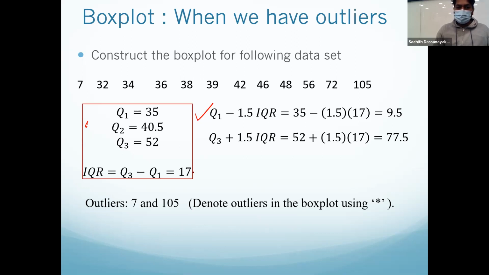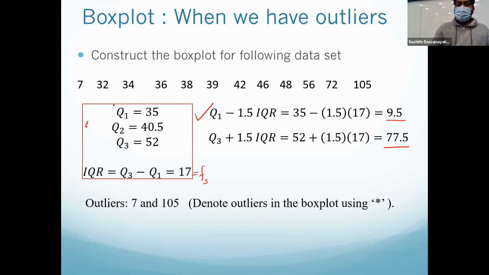This is your Fs. So in this calculation, you can see Q1 is 35 minus 1.5 times 17 is 9.5, and Q3 plus 1.5 times Fs is 77.5.